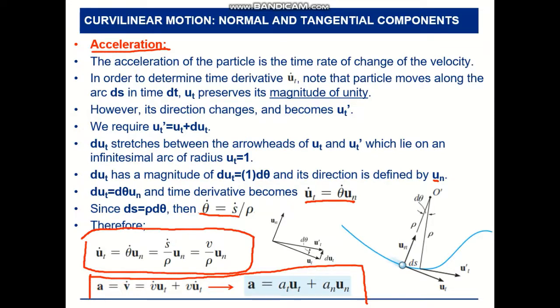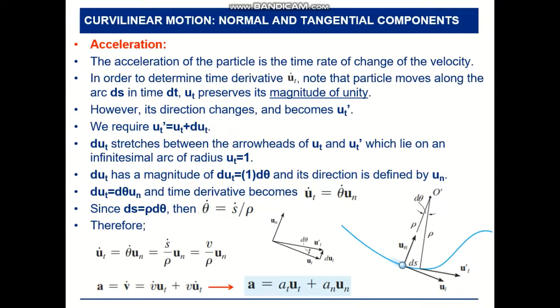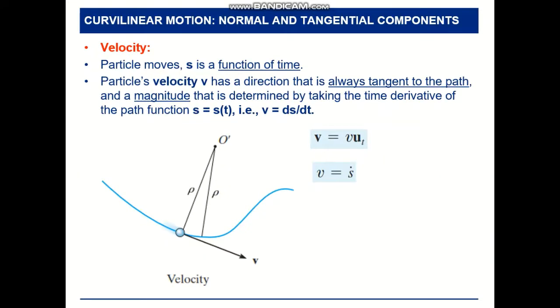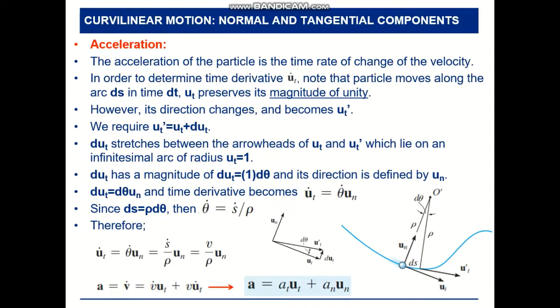Let's go back to how we came up with this. We know that v is equal to v ut, so we take the product rule: the first term's derivative multiplied by the second term, which is constant, plus the first term, constant, multiplied by the second term's derivative, as you see here.